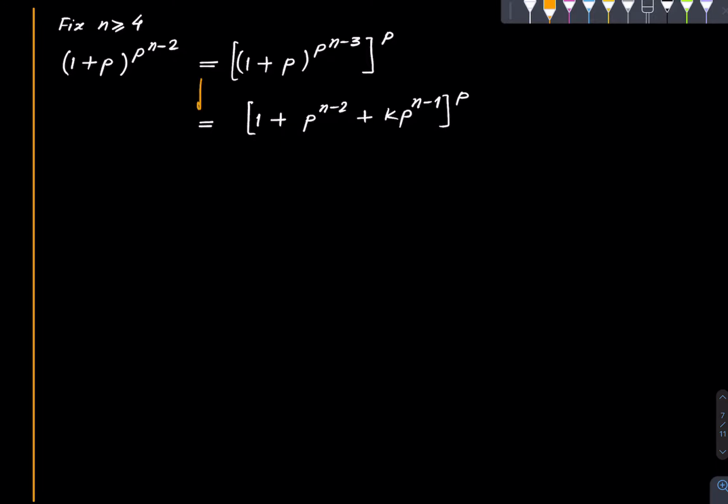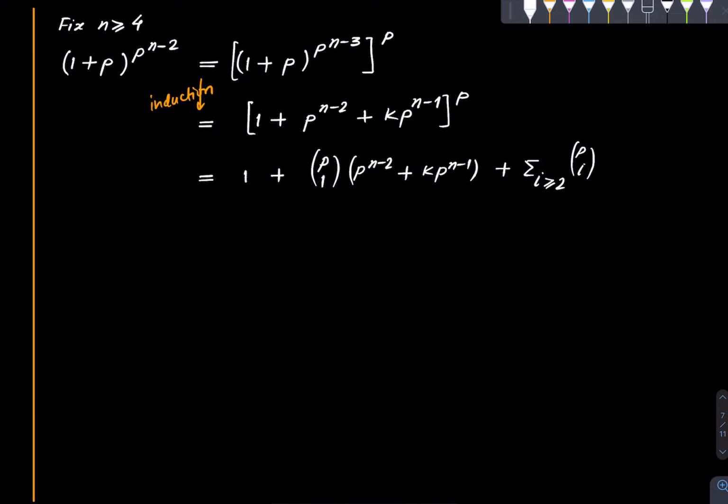So this is induction on n. All right. And now binomial. This is 1 plus p choose 1 times p to the n minus 2 plus k p to the n minus 1, plus p choose i times p to the n minus 2 plus k p to the n minus 1, to the power i. And now you can just proceed.